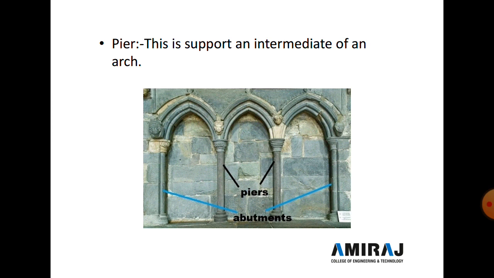So here a pier is an intermediate support in an arc, and an abutment is an end support of the arc. So this is the main difference between abutment and pier. In this figure, the abutment is the last support, and the pier is an intermediate support of the arc.